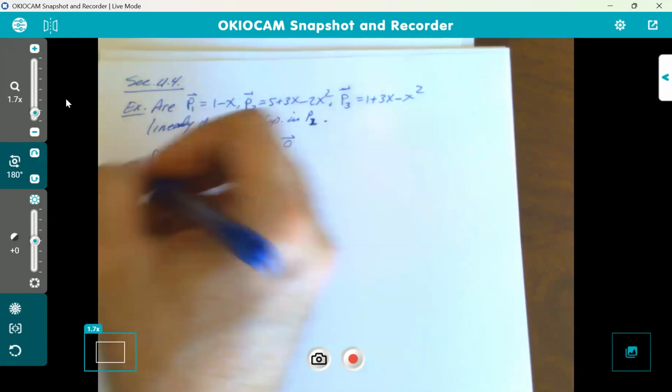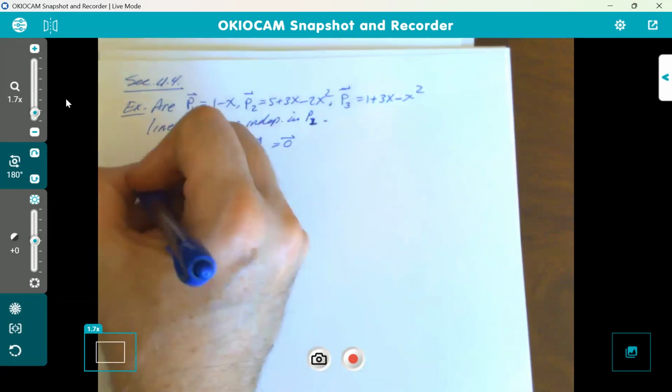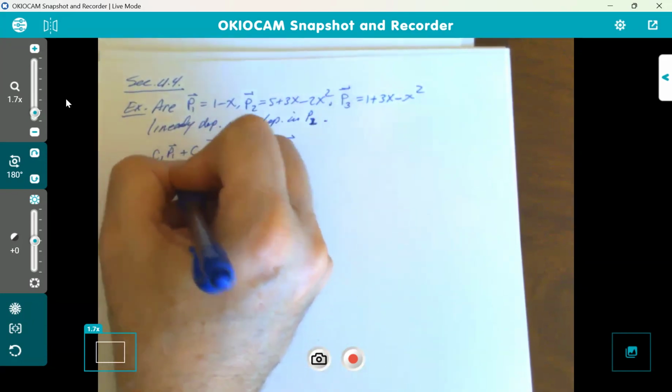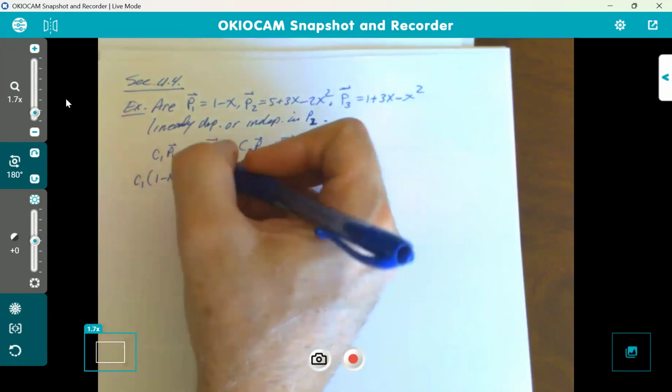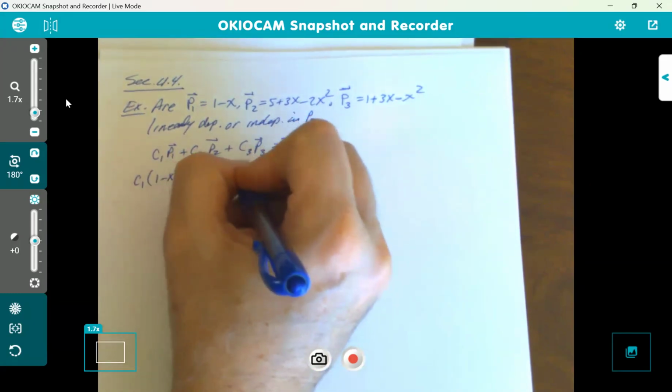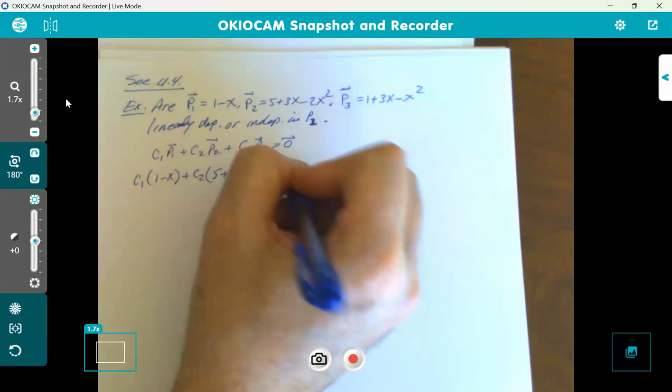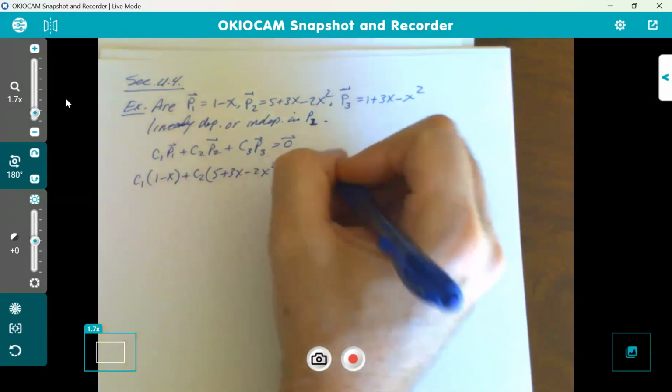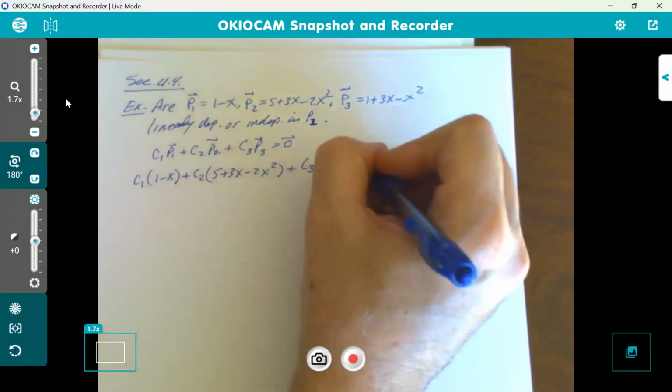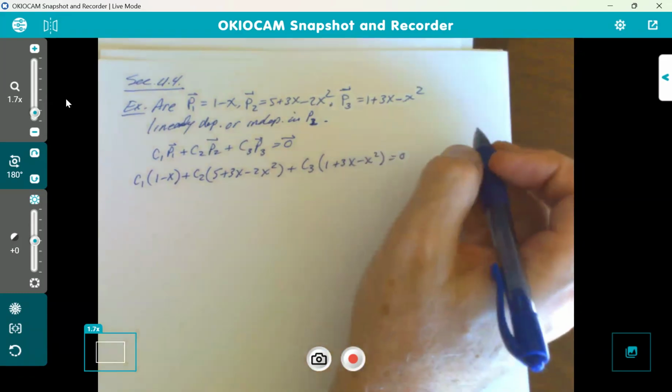Let's solve this one. When you solve this one, you get c1 times (1 minus x), plus c2 times (5 plus 3x minus 2x squared), plus c3 times (1 plus 3x minus x squared) equals 0.